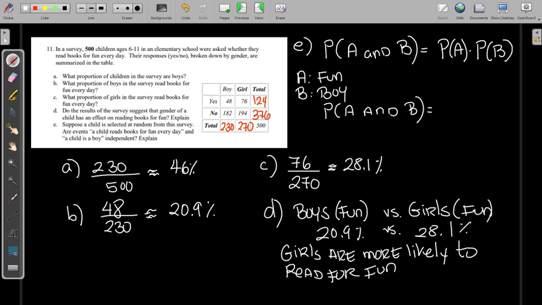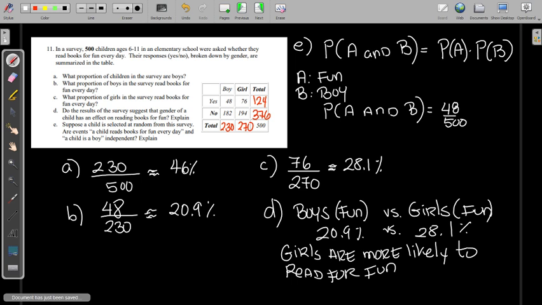Well, A is fun and B is boy. Read for fun and a boy. So that would be 48 over 500. We say 500 and not 230 because they're saying a child. So it could be any of them. So we are not comparing to only boys, but we are comparing to the whole group.